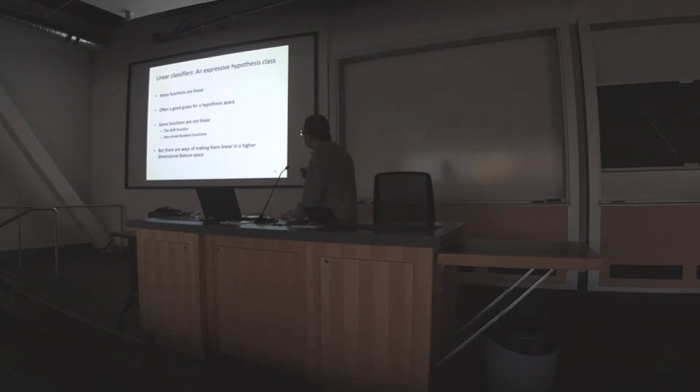Okay, so far we have discussed the expressiveness of linear classifiers, right? So we know that many functions, for example, in the Boolean function family, are linear, and it is also a good guess for the hypothesis space, meaning that if you are given a research problem which you believe machine learning can work on, which classifier would you like to use first?